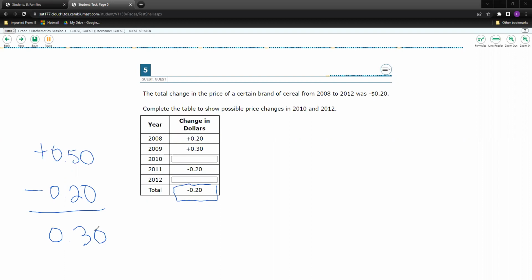But I need to go, so how do I go from being in the positive 0.30 to a negative 0.20? So I had 30 cents, but suddenly I overspent, and now I have 20 cents against. I had 30 cents to my favor and 20 cents against.